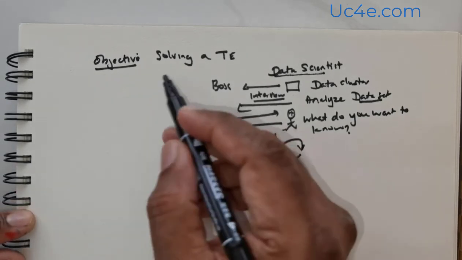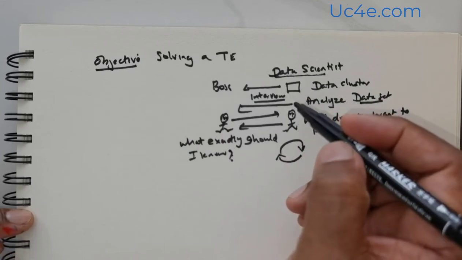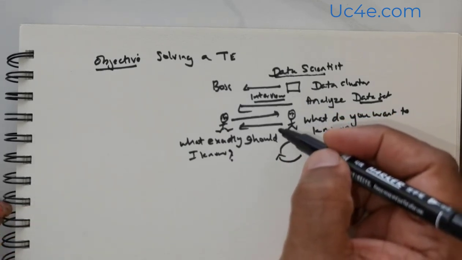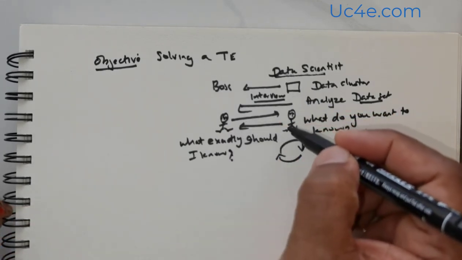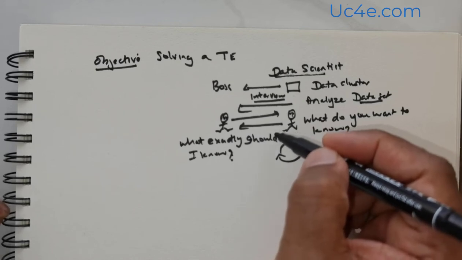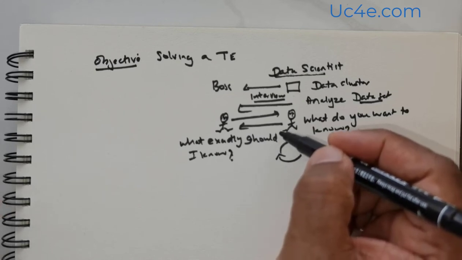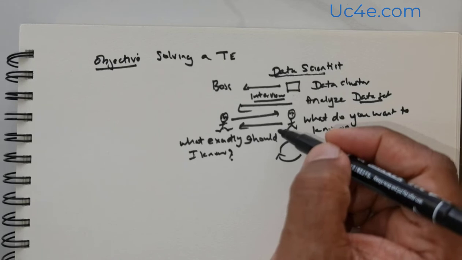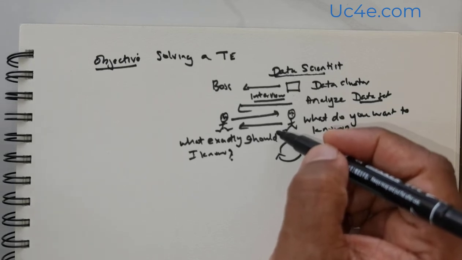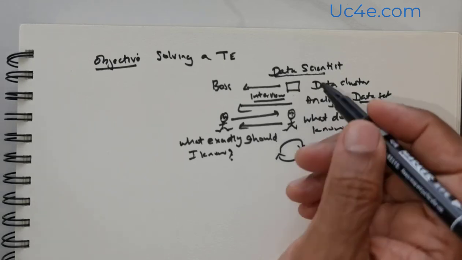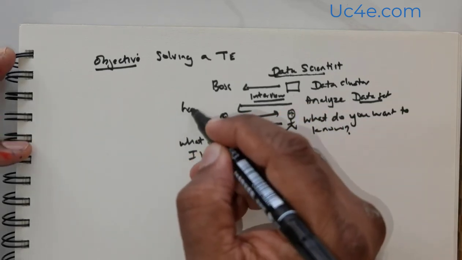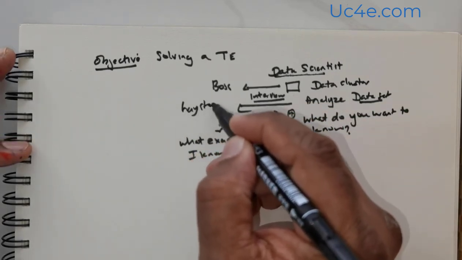So why am I taking this time in explaining this to you? Everything would have been sorted out in this boss and data scientist case if the boss had told the data scientist what he is looking for in the data set. There is a huge haystack.